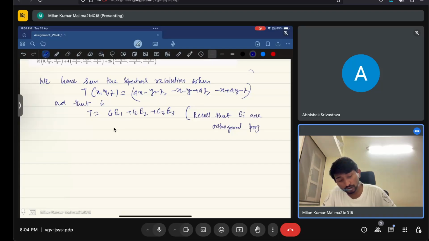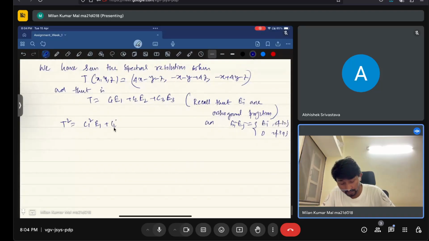That means they are orthogonal with respect to each other, that means their ranges are orthogonal. So therefore T square is equal to C1 square E1 plus C2 square E2 plus C3 square E3, because E_i E_j is equal to E_i if i equals j, and 0 if i not equals j.